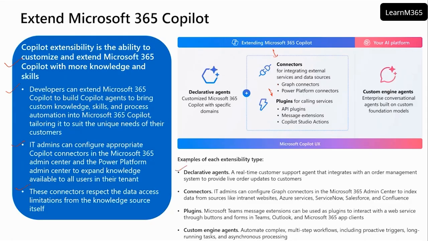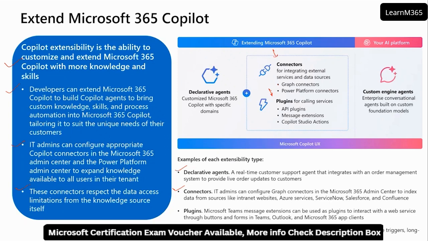First of all, declarative agents: a real-time customer support agent that integrates with an order management system to provide live order updates to customers. Then we have connectors: IT admins can configure graph connectors in the Microsoft 365 Admin Center to index data from sources like intranet websites, Azure services, ServiceNow, Salesforce, and Confluence. Third-party applications are there.